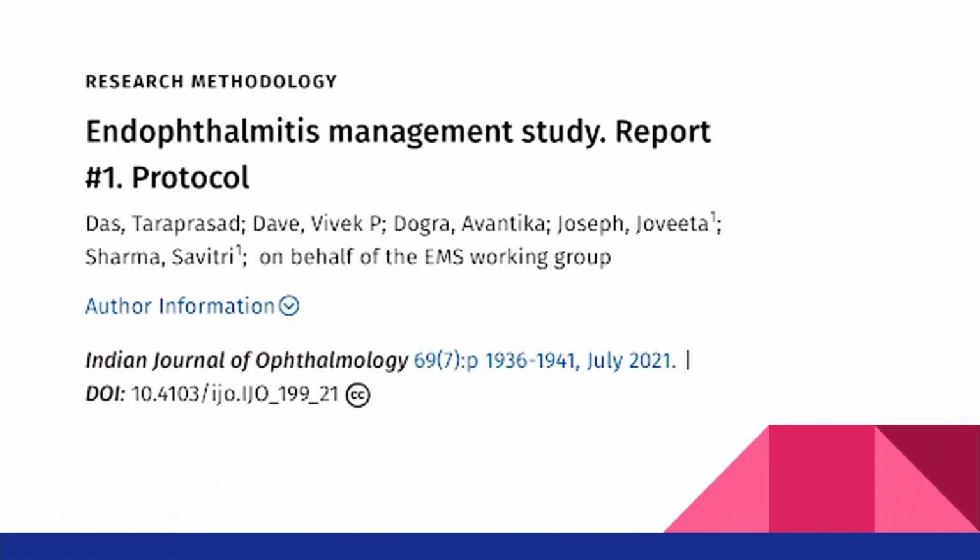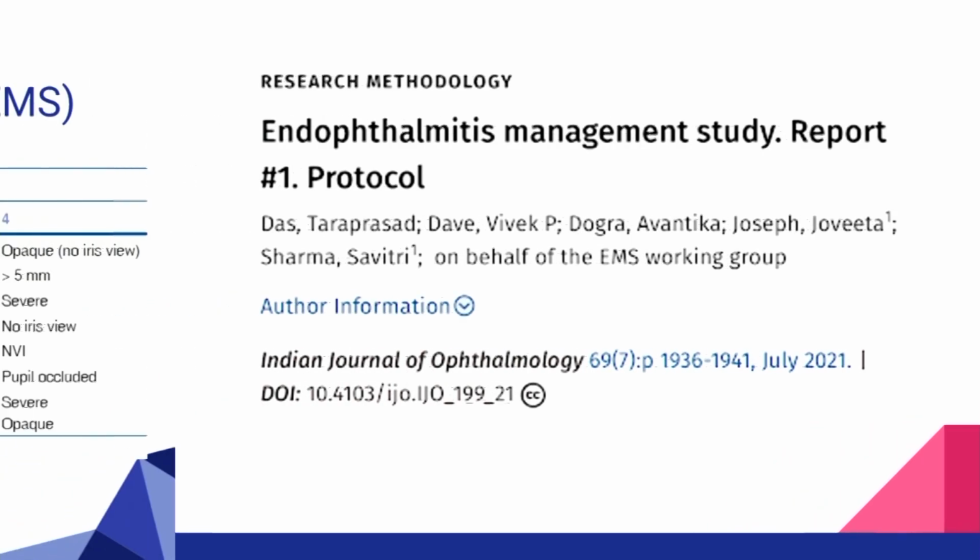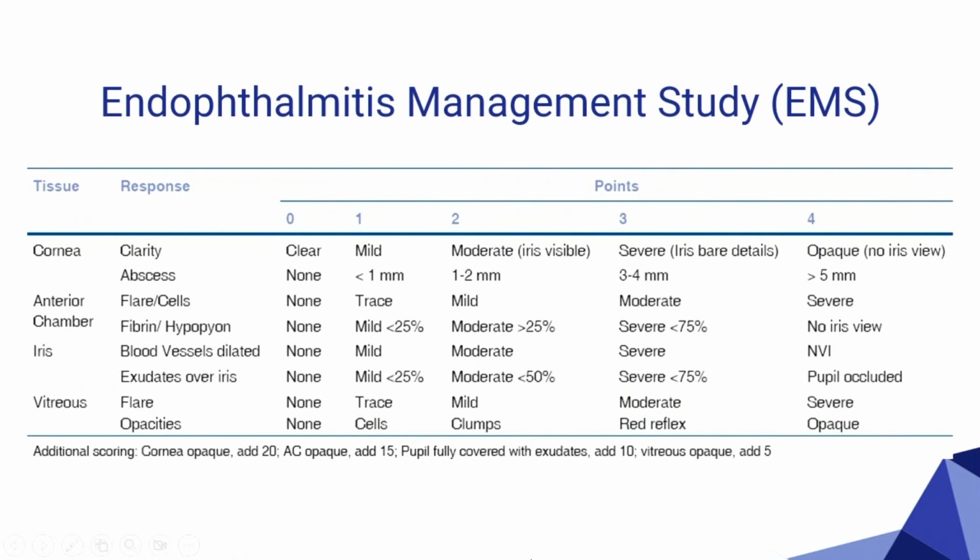To counter the shortcomings of the EVS study, there is a new, ongoing study, the endophthalmitis management study. It is a randomized prospective trial. They made an inflammatory score based on the clinical features in the cornea, anterior chamber, iris, and the vitreous.